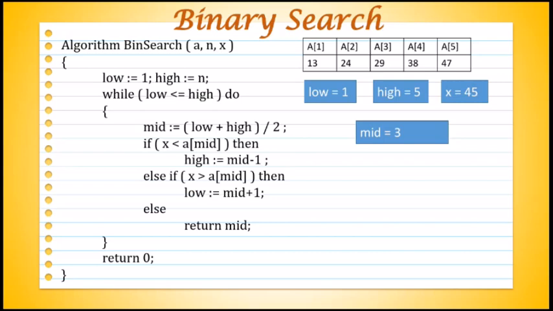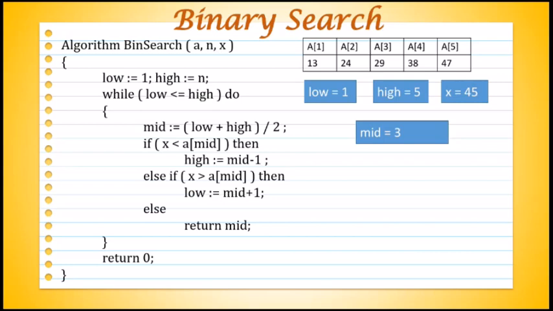So after that we will check the if condition. So in a of mid, that is a of 3, the value which is present is 29. So that will be compared with 45. So is 45 less than 29? No, this condition is false. So that means we will go to the else if part.